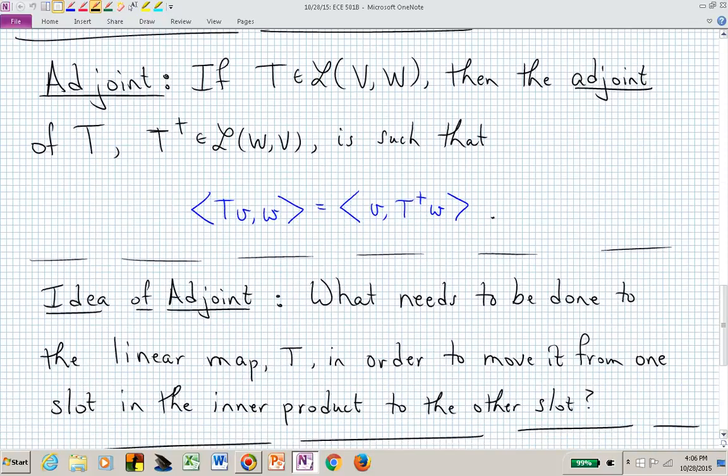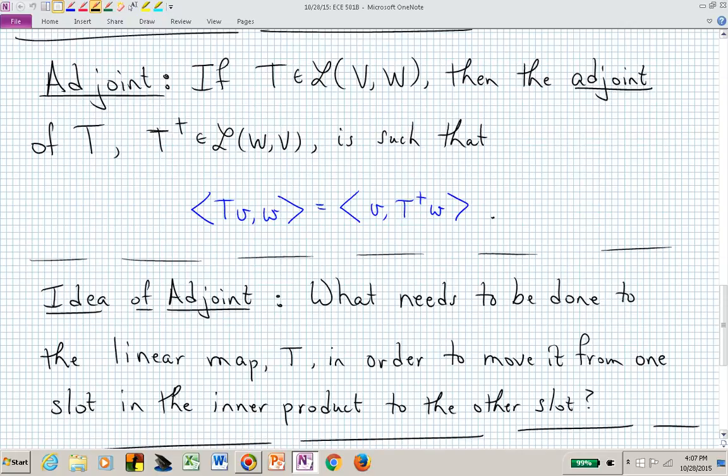Then we talked very quickly about this notion of an adjoint. If we're given a linear map T from a vector space V to another vector space W, these vector spaces V and W both need to have inner products on them, so they're both now inner product spaces, and they don't have to be the same vector space.